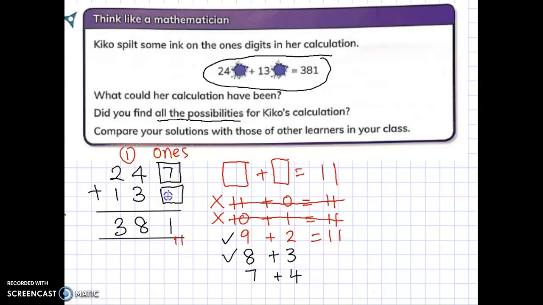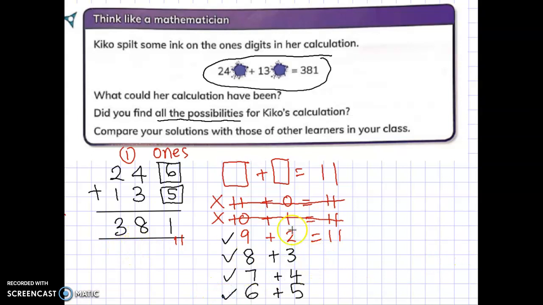So I can fit 7 and 4 and I make 247 and 134, which is correct. Let's try the next option. 6 plus 5. If I put 6 here, I get 246. If I put the 5 here, I get 135, which is also correct.